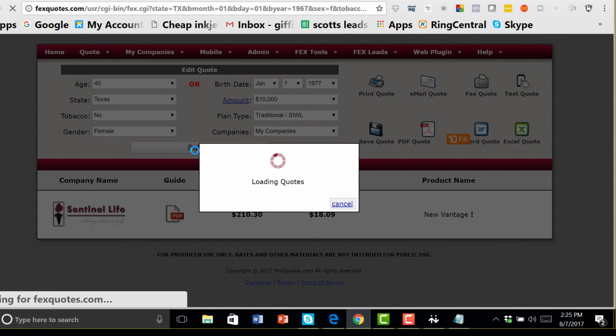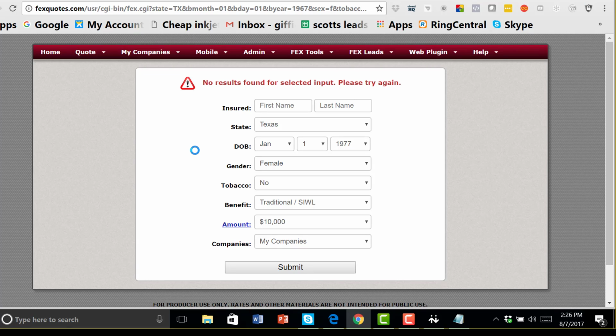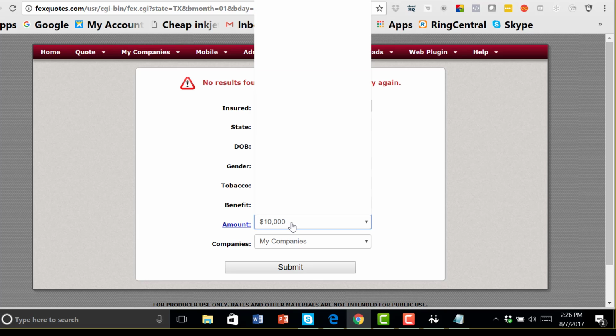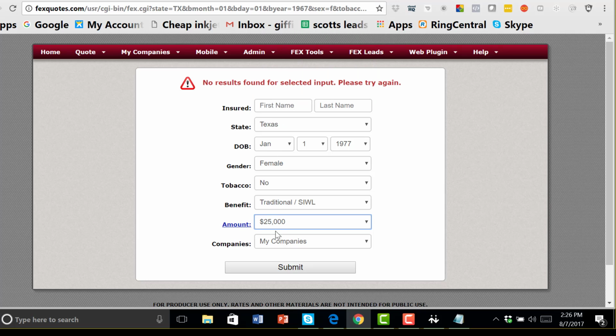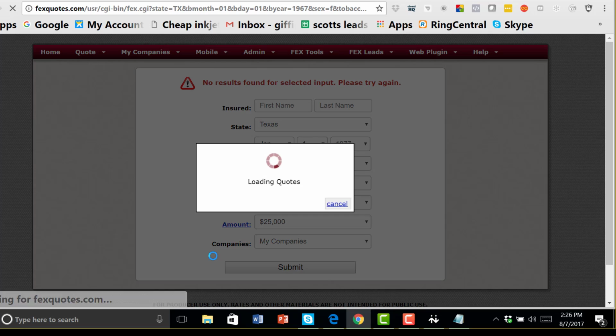Okay, all right. Because I'm getting the same things you're getting now, but I did not get the same things you got at the beginning of the call when you plugged in Ohio and those other characteristics. Oh, there it is. It's because with Foresters, you have to have at least 25,000 in coverage.